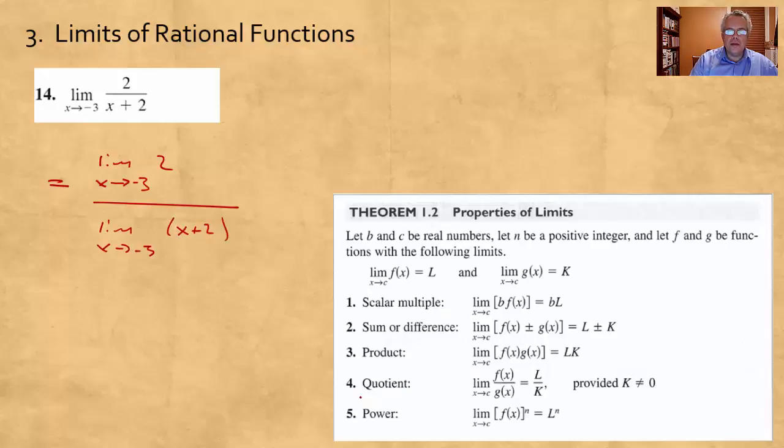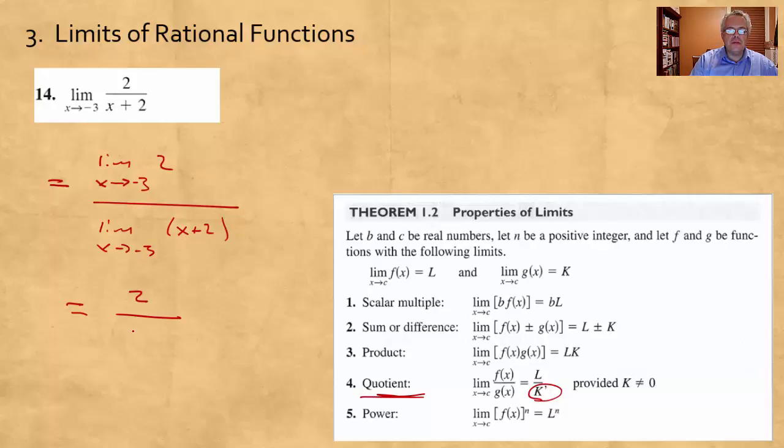Why can I do that? Well, this is the quotient rule. If I'm dividing functions, the limit is what you get when you divide their limits, as long as the denominator is not going to 0. As x approaches negative 3, the denominator is not going to 0. So we're fine. The limit as x approaches negative 3 of 2 is 2. And remember, this is a polynomial function down here, I can just evaluate it.